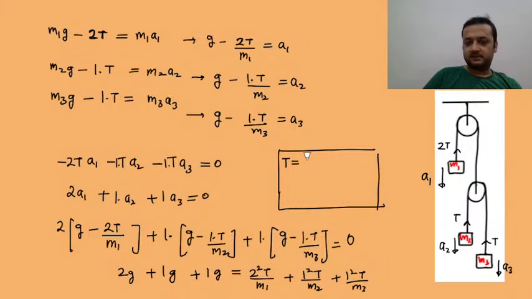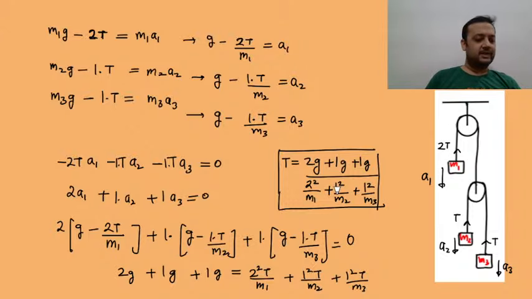2g plus 1g plus 1g, divided by 2 square by m1 plus 1 square by m2 plus 1 square by m3.